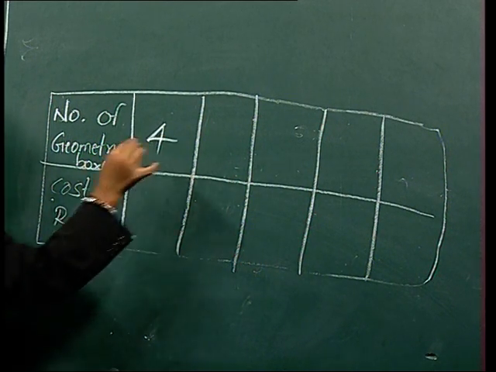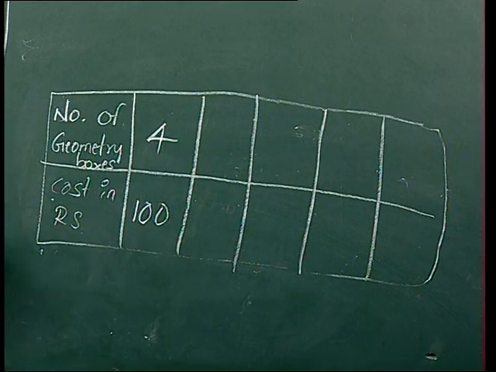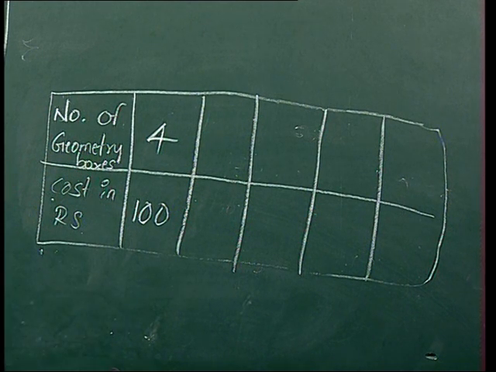Here, for 4 geometry boxes the cost is 100 rupees. So each geometry box costs 25 rupees.